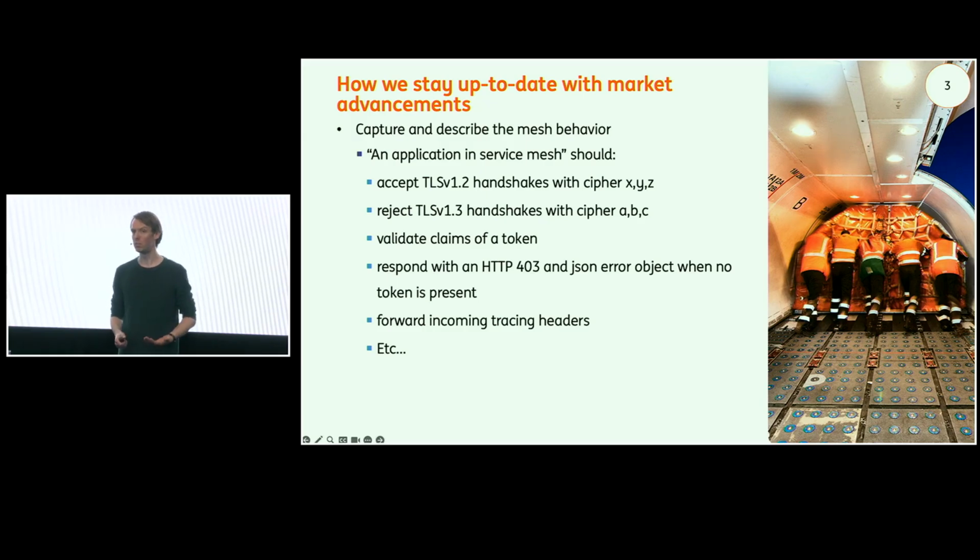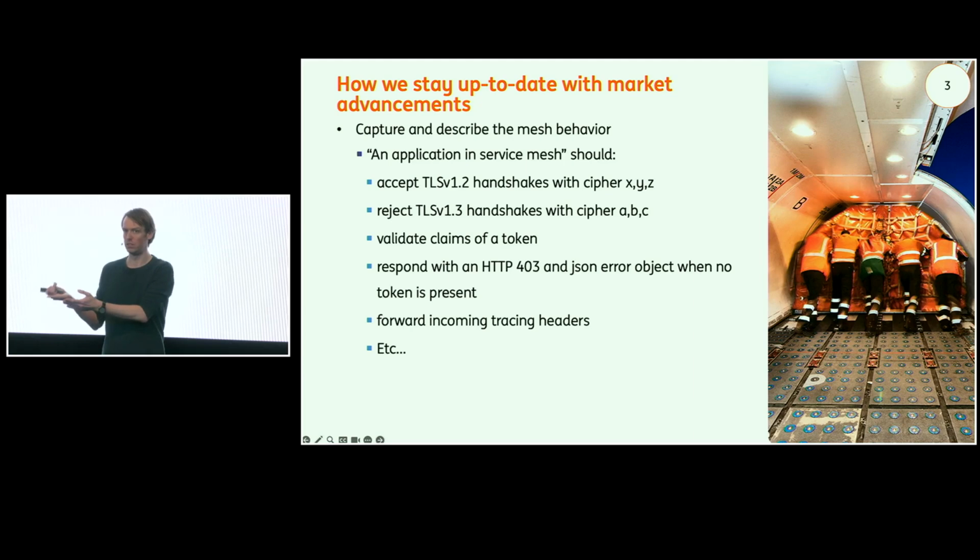It should forward incoming tokens, validate tokens, forward tracing headers to not break the chain. So with having this regression test set, we can validate new implementations like Envoy proxy that we're now rolling out, or validate that the framework and the sidecar process behave the same and don't cause interruptions in service mesh. By having this test suite, we can implement and roll forward, evolve with confidence, and that's especially what test suites give you.